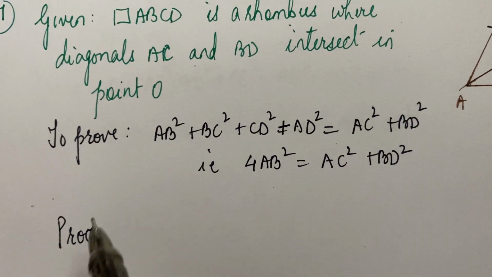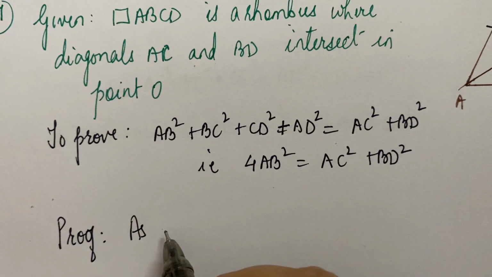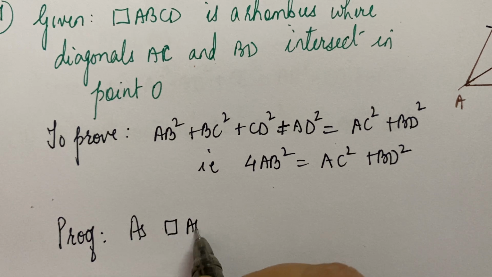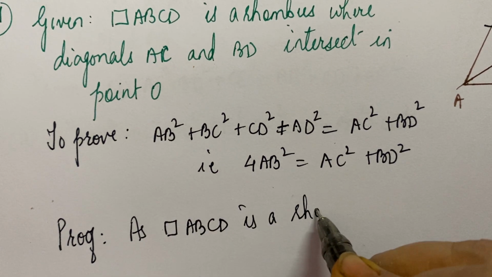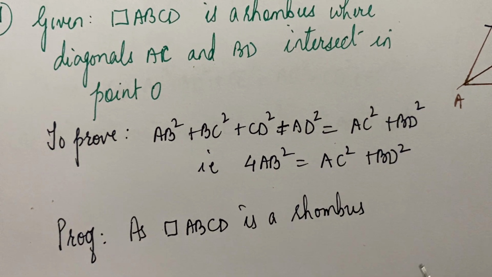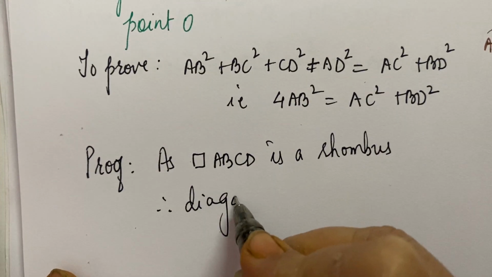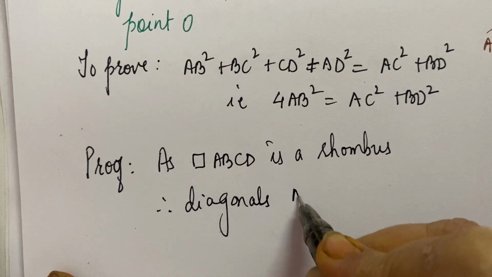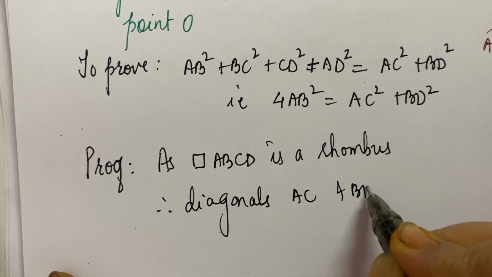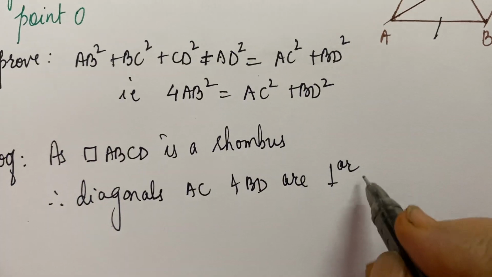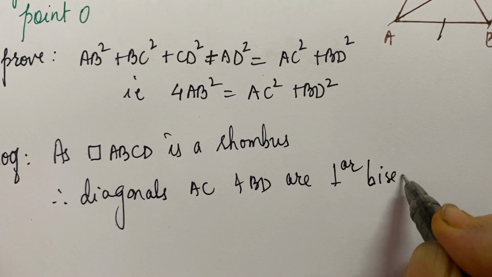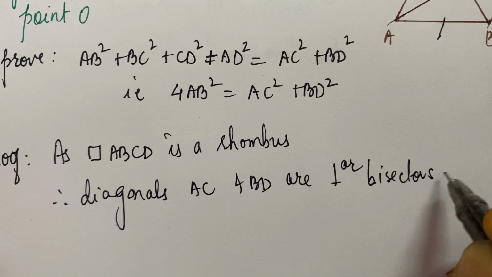Okay, so as quadrilateral ABCD is a rhombus, therefore diagonals AC and BD are perpendicular bisectors of each other.